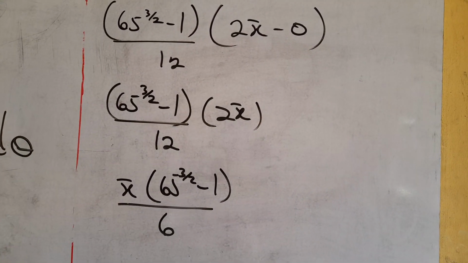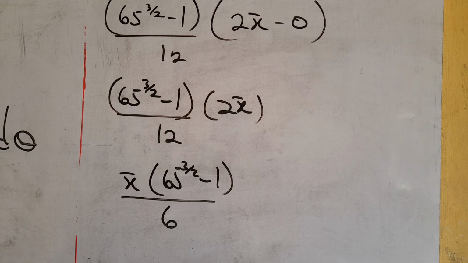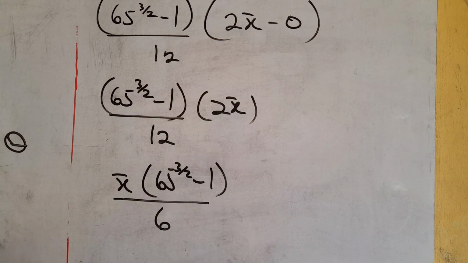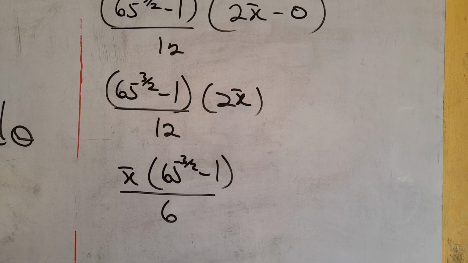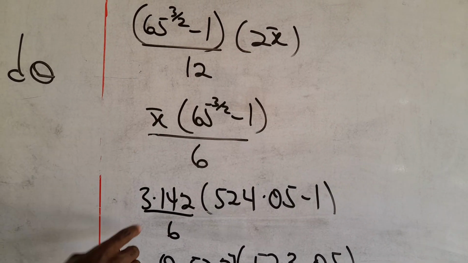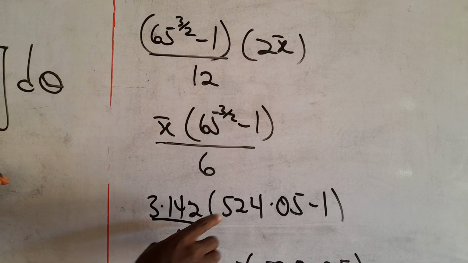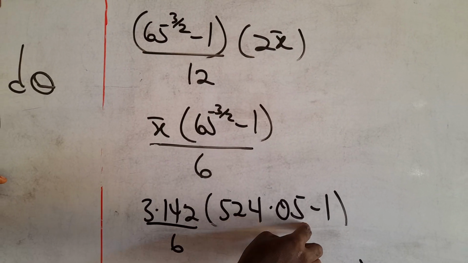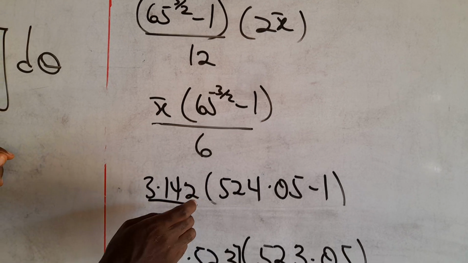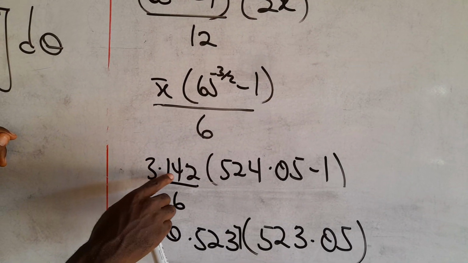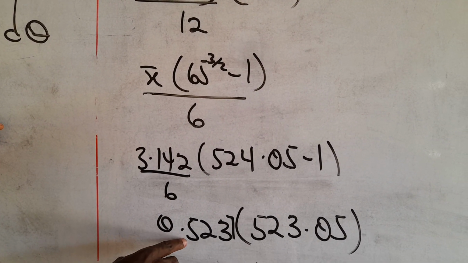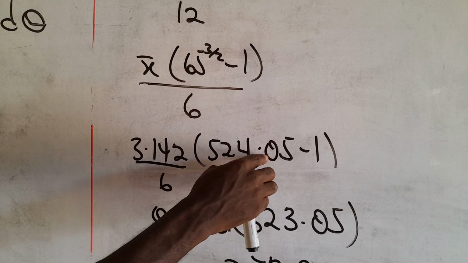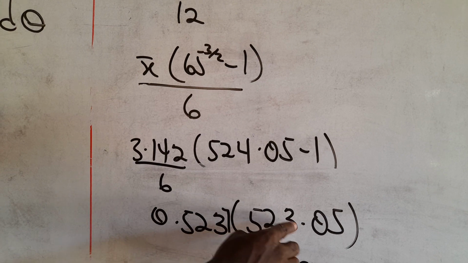So we know pi is 3.142. We just find 65 exponent 3 over 2, then we evaluate. So pi is 3.142, then 65 exponent 3 over 2 will be 524.05, then minus 1, then divided by 6. 3.142 divided by 6 will be 0.5237, and 524.05 minus 1 will be 523.05.